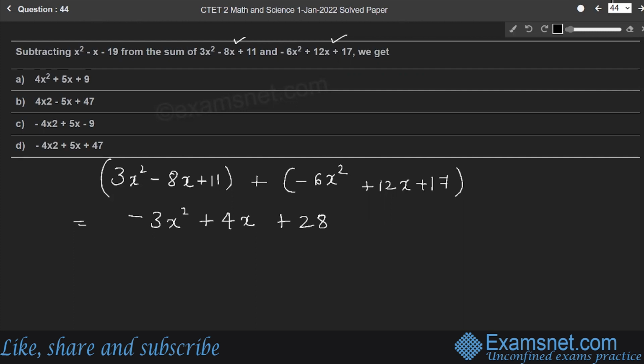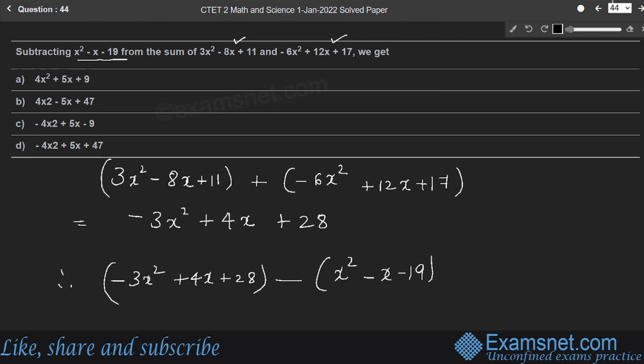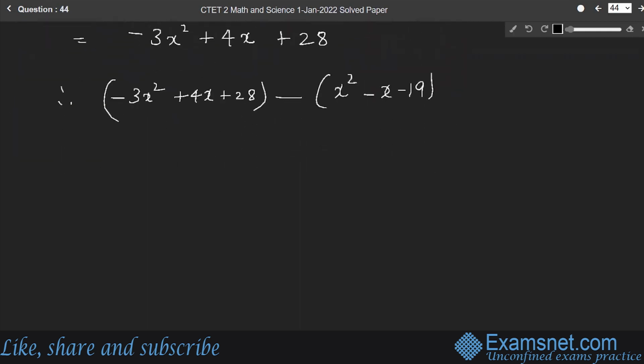So from the sum of these two, we have to subtract x square minus x minus 19. Therefore, minus 3x square plus 4x plus 28 minus (x square minus x minus 19) is equal to minus 3x square minus x square is minus 4x square, plus 4x, minus of minus is plus x, plus 5x, plus 28 plus 19 is 47.